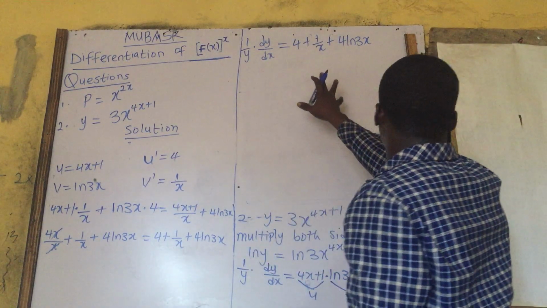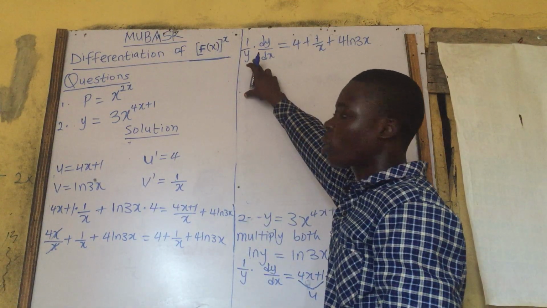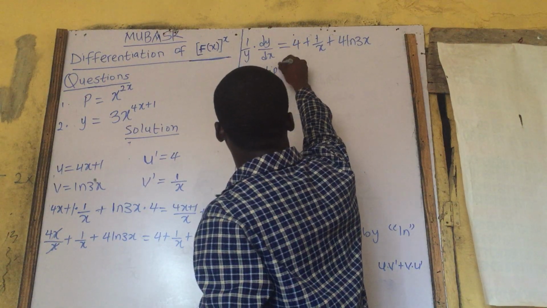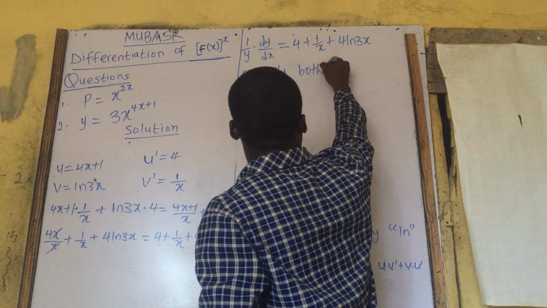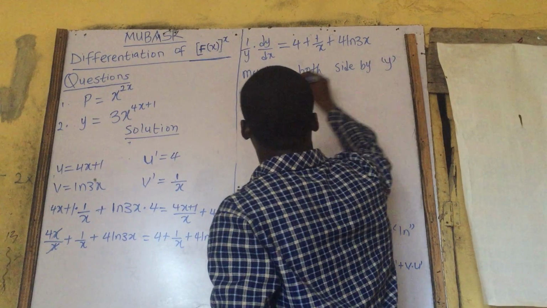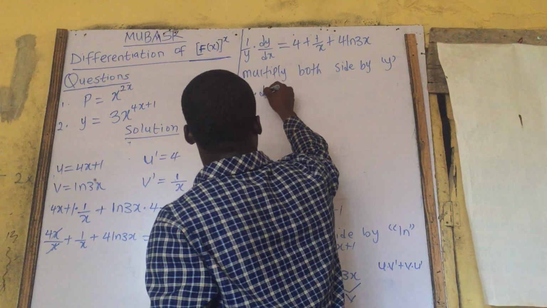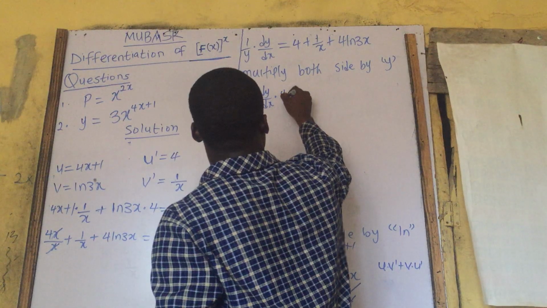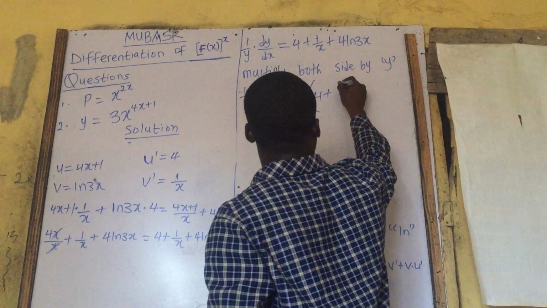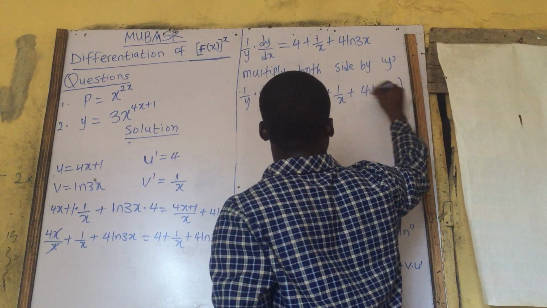Now we have obtained the value for dy over dx, but we have to clear this by multiplying both sides by y. 1 over y multiplied by dy over dx multiplied by y equals y open bracket 4 plus 1 over x plus 4 natural logarithm 3x close bracket.